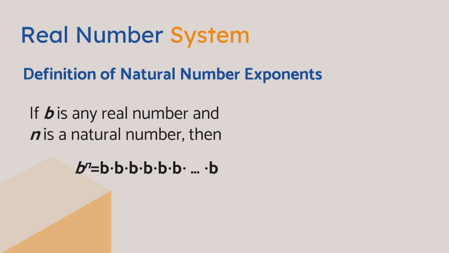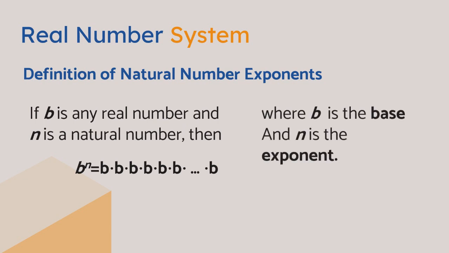So if we write b with a superscript n, such that n is only a natural number, then such notation signifies that b is multiplied to itself n times. Let's say b to the 7th, so b is multiplied to itself 7 times, and so on and so forth.